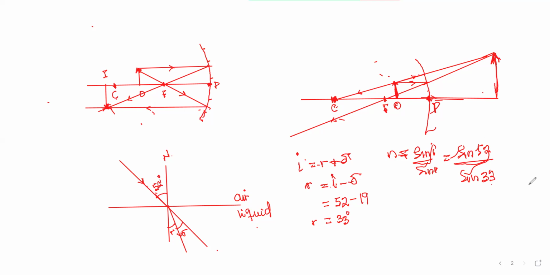Class, what is sine 52 divided by sine 33? 1.45. So 1.45 is the refractive index of the liquid.